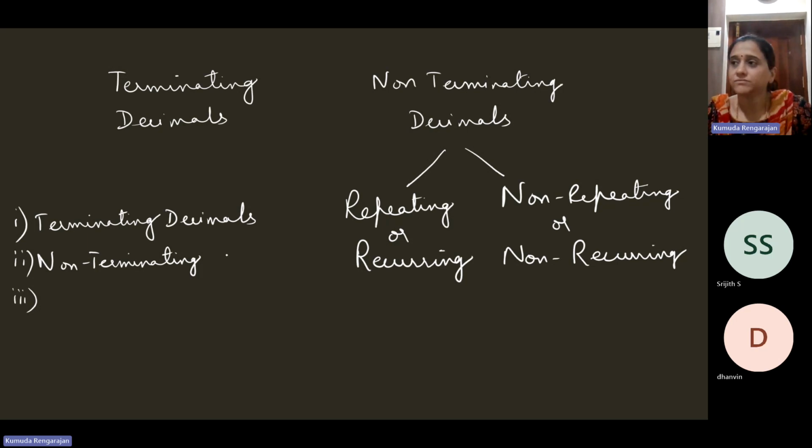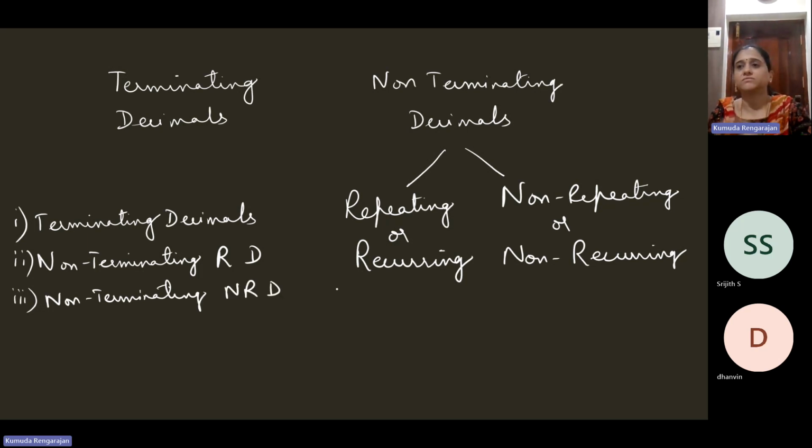Okay. Same meaning. Repeating decimal, recurring decimal have the same meaning. Non-terminating, repeating decimal, non-terminating, recurring decimal, both have the same meaning. Okay, repeating decimal, then non-terminating, non-repeating decimal or non-recurring decimal. There's no place, there's not a short form.